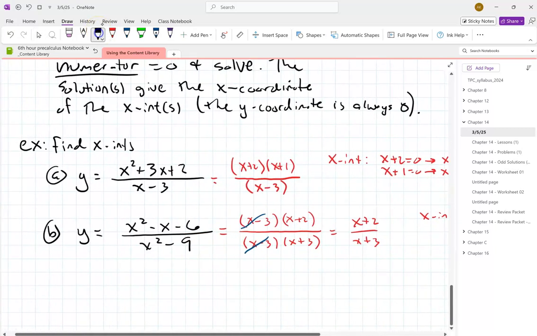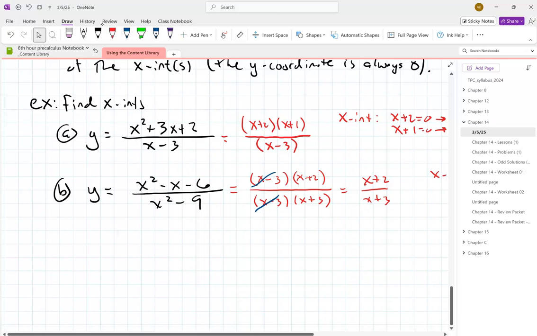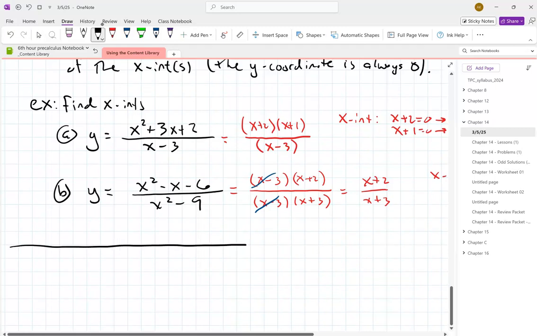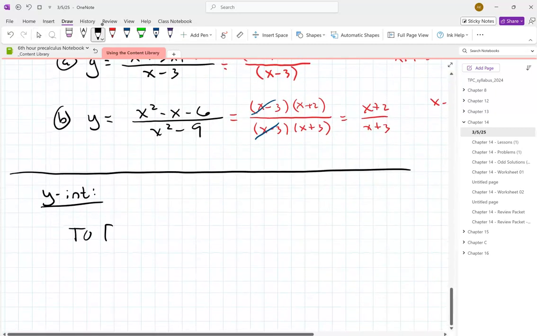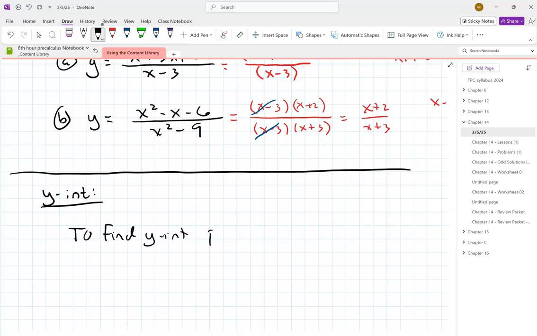All right, everybody feel okay for x-intercepts? Yes.